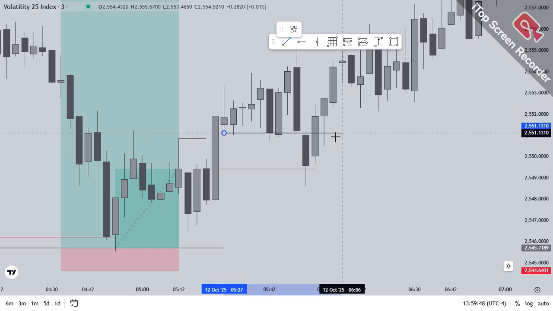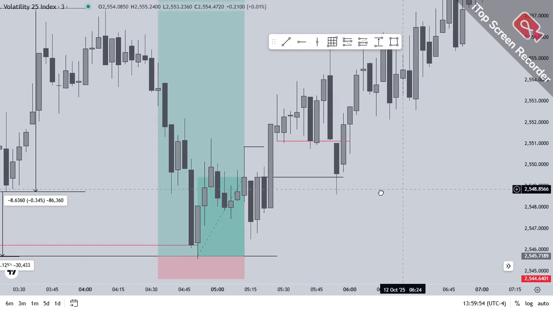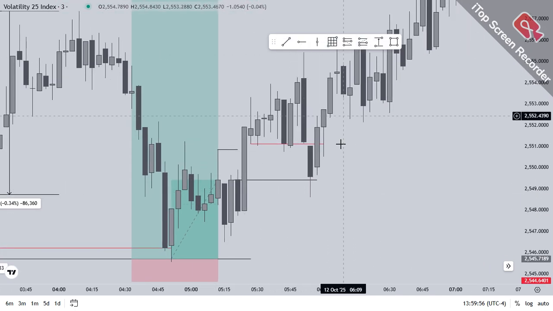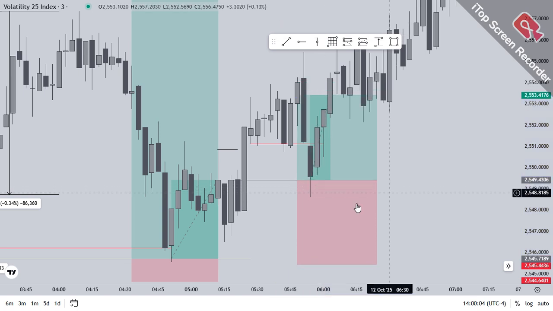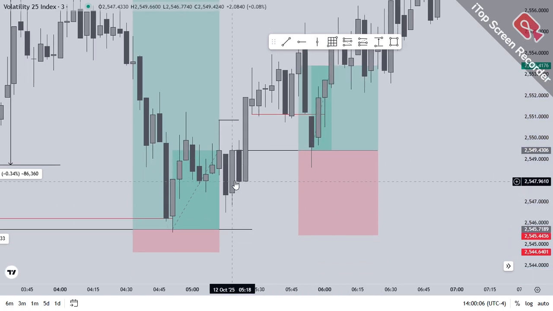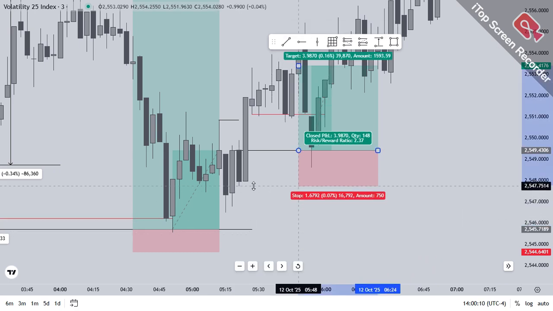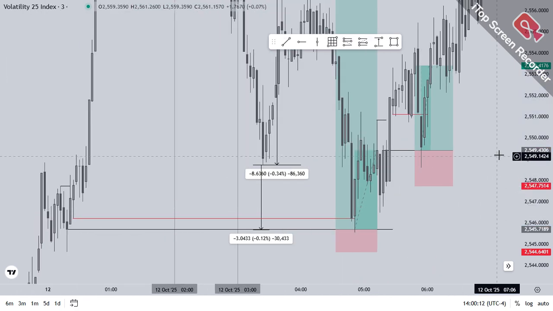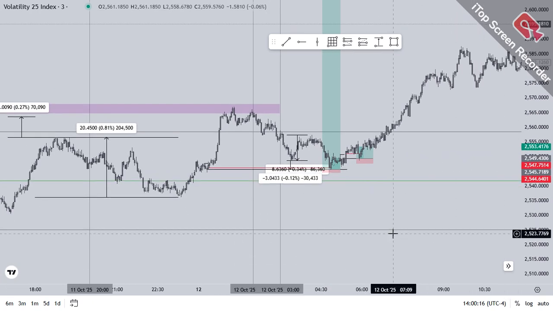The first pullback right there is our liquidity, and then our second entry would have come from this point here, right? Then stop loss here, all right.